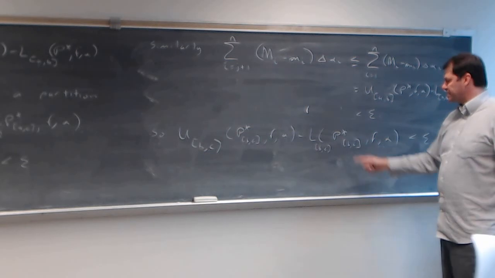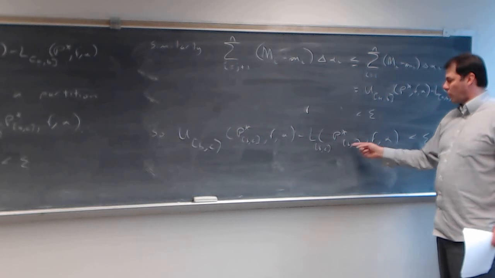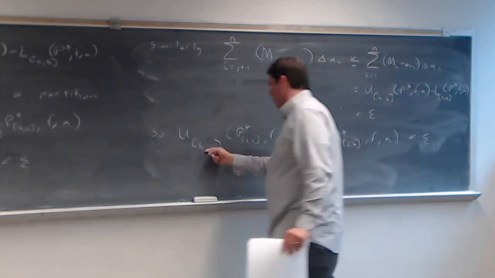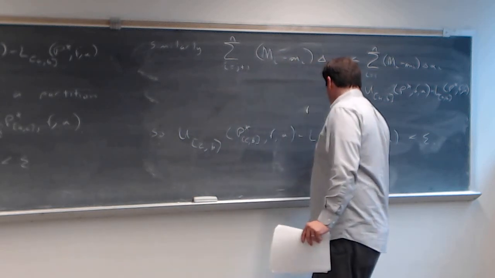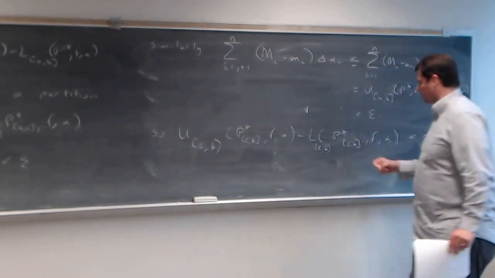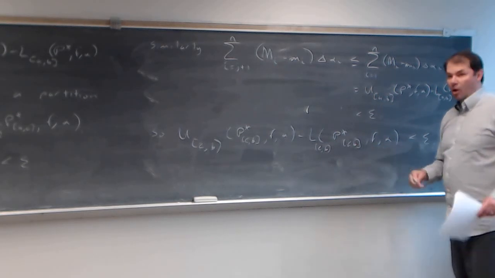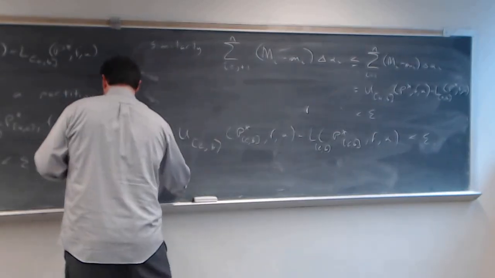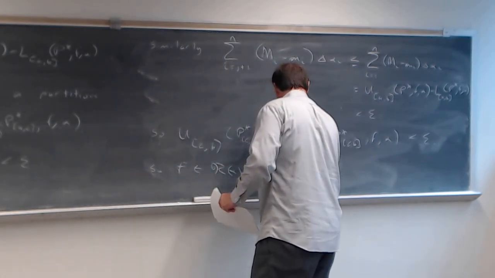Where this is the partition P star of B to C, what that's equal to is the same partition P star on A to B, but we're just looking at the parts of it that include, I'm sorry, this should say C to B. Let's make that change. Okay, so this partition over C to B is the part of the partition from A to B where we're looking from C onward. Okay? So what this tells us is that F is Riemann-Stieltjes integrable on C to B.